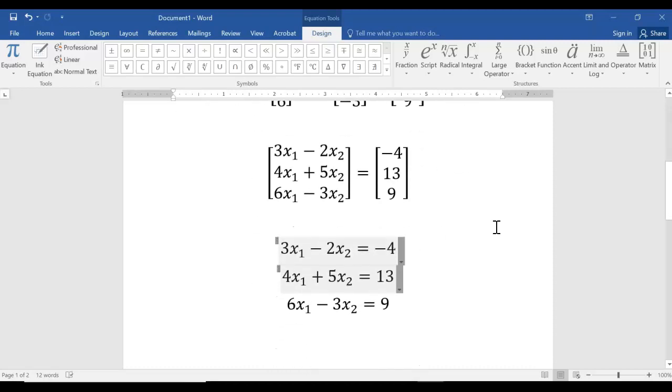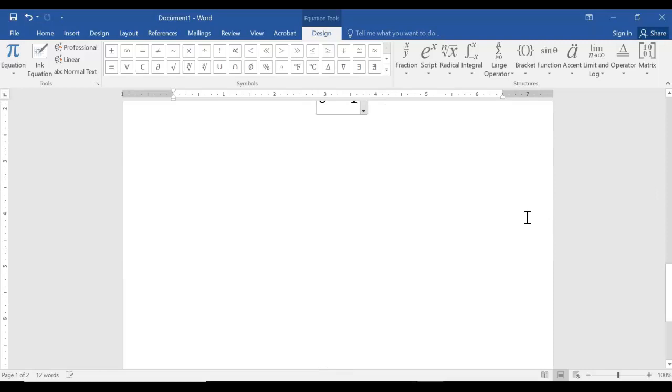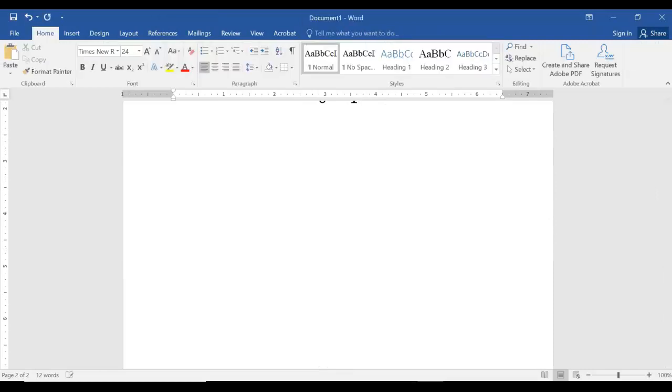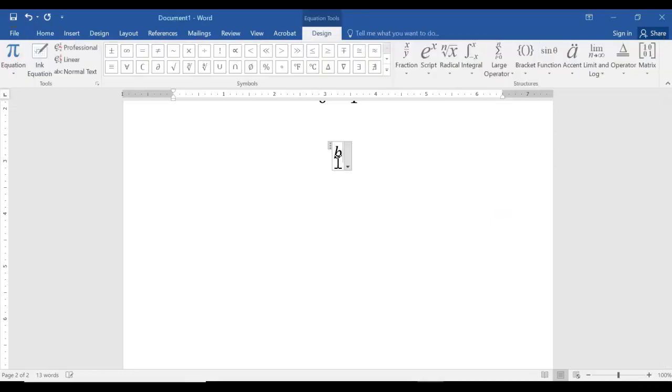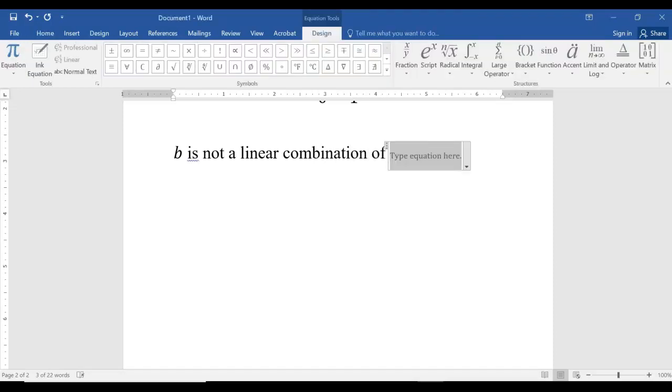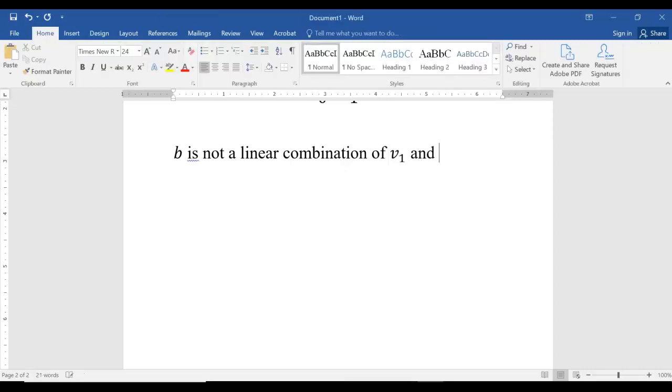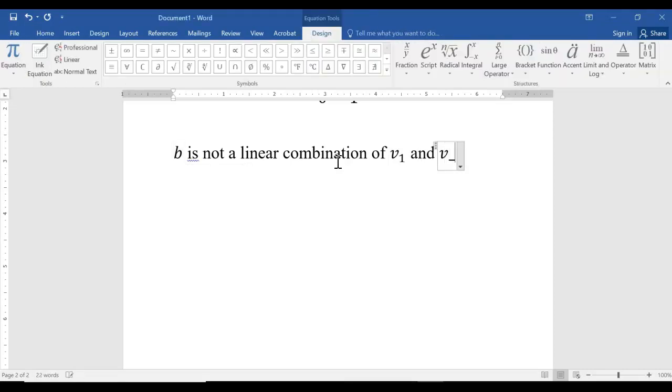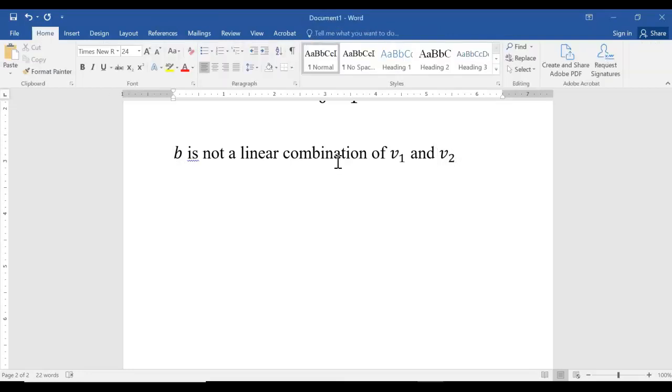So the way we would say that is we would say that B is not a linear combination of v1 and v2. Okay?